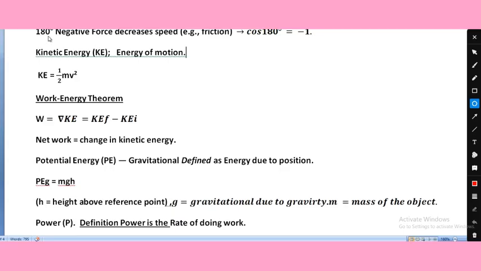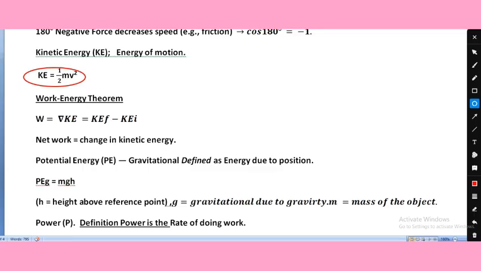The next one is about kinetic energy, the energy of motion. Kinetic energy is the energy due to motion. An object in motion has this type of energy, which is equal to half m v squared, where m is the mass of the object and v is the speed of the object.